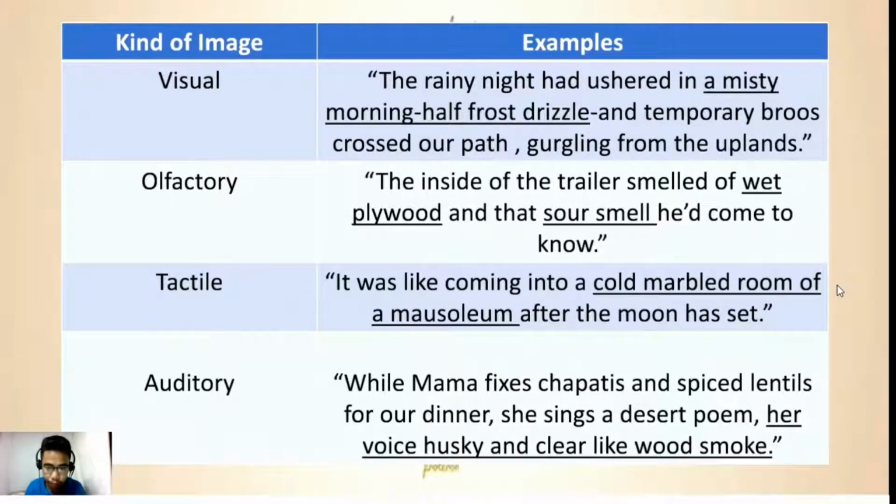So for more examples, first is the visual kind of image. The rainy night had ushered in a misty morning, half-frost drizzle, and temporary breeze crossed our path, gurgling from the upland. A misty morning, half-frost drizzle, of course, appeals to our sight, because if we see a misty morning, half-frost drizzle, we can say that the weather is not normal.